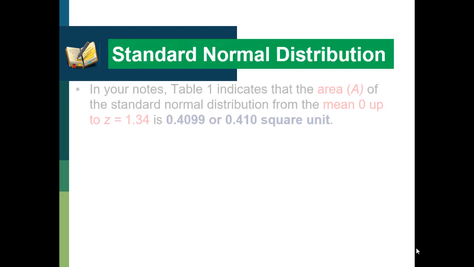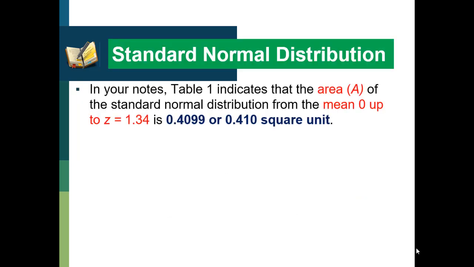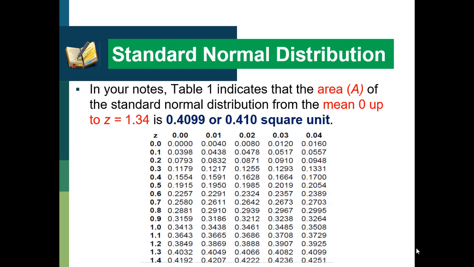For example, in your notes, Table 1 indicates that the area of the standard normal distribution from the mean 0 up to z is equal to 1.34 is 0.4099 or 0.410 square unit. How are you going to identify that? The area from 0 to z is equal to 1.34 is, you try to find first 1.3. Here it is.